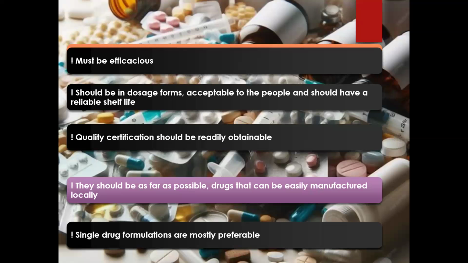Another criteria is the drugs should be in generic forms. That is, the drug's name should reflect the ingredients. Generic drugs contain the same active ingredients as their branded counterparts, but are typically sold at a lower cost.